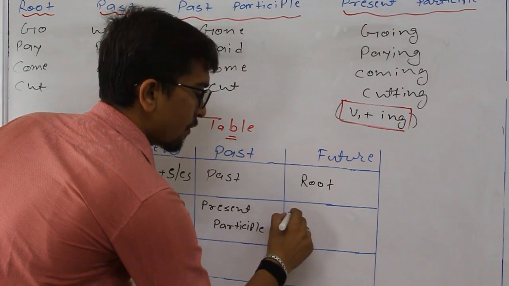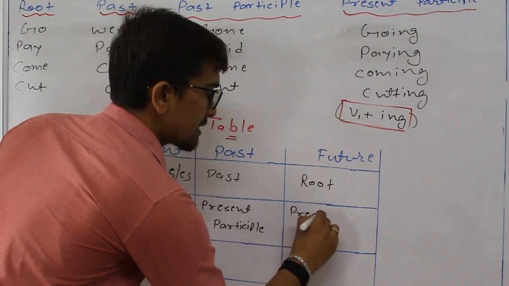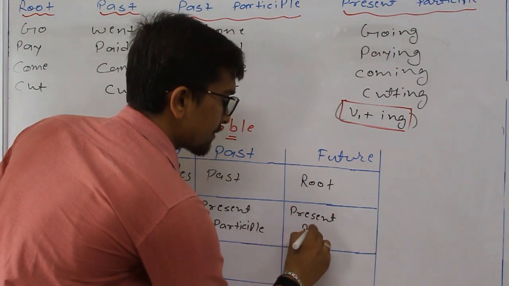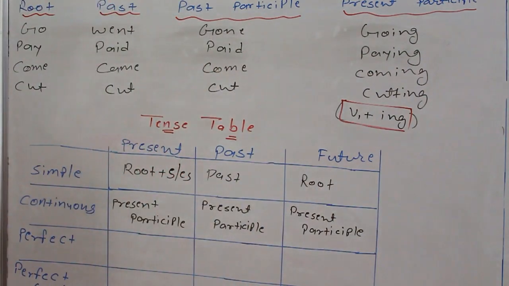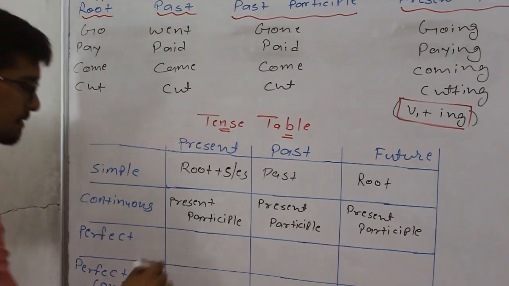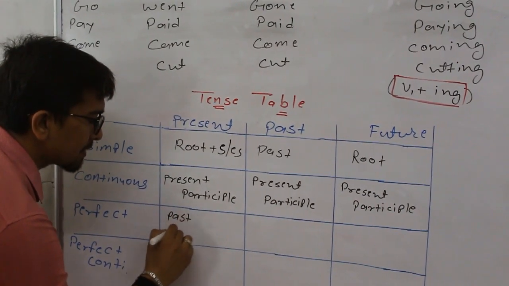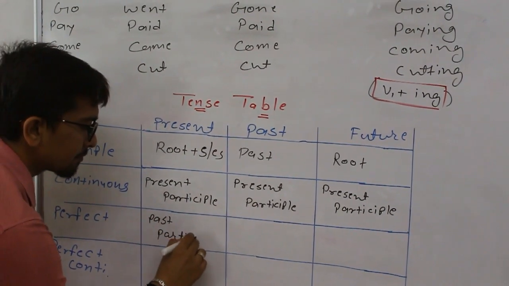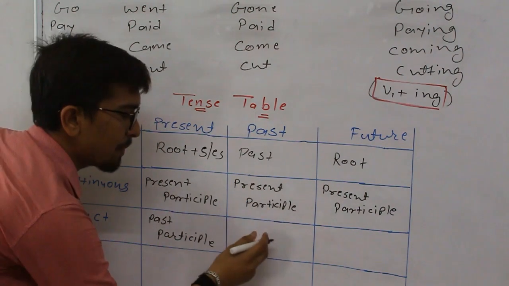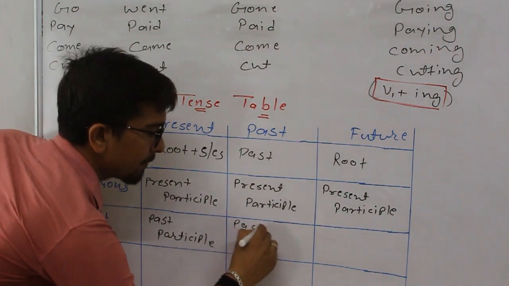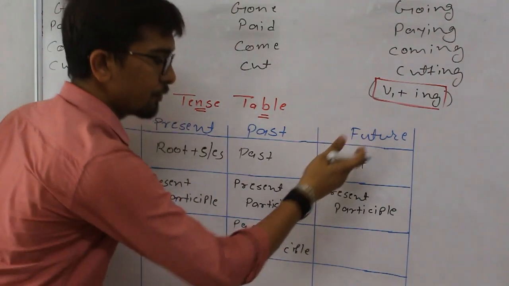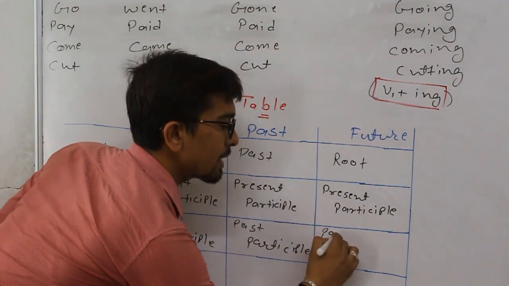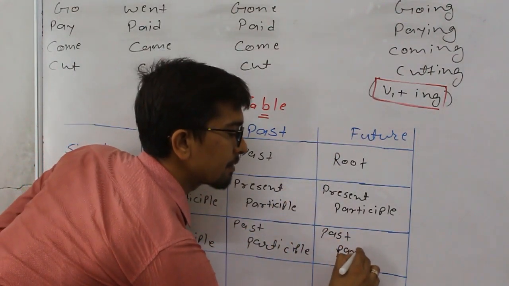Again, in future continuous, present participle, there is no change. In the present perfect tense, it will be past participle. What will be in past perfect? Also past participle. In future perfect, there will also be past participle.